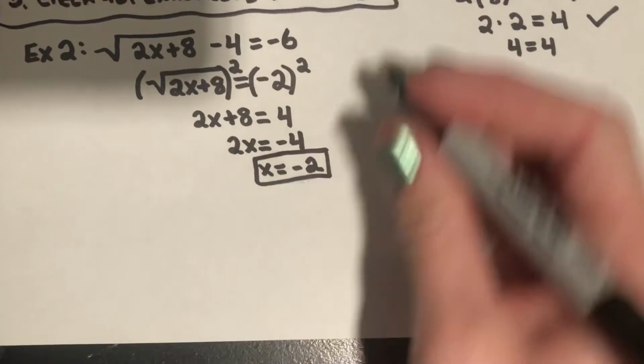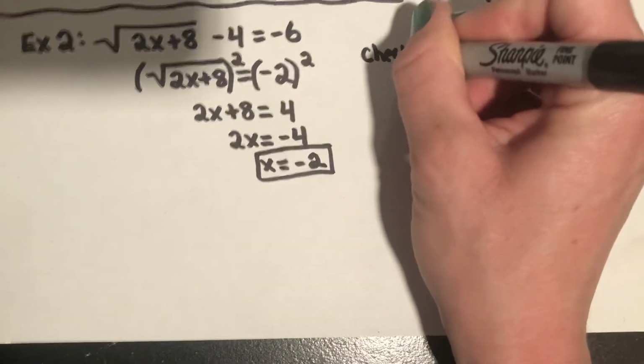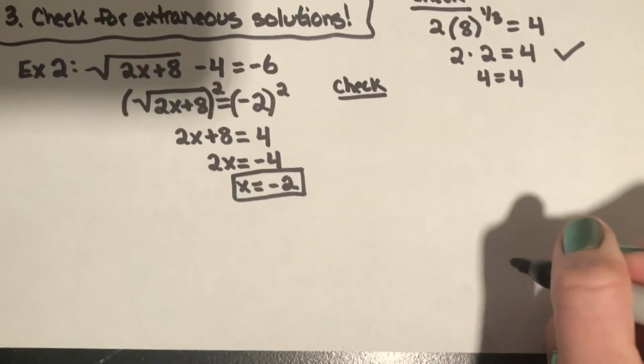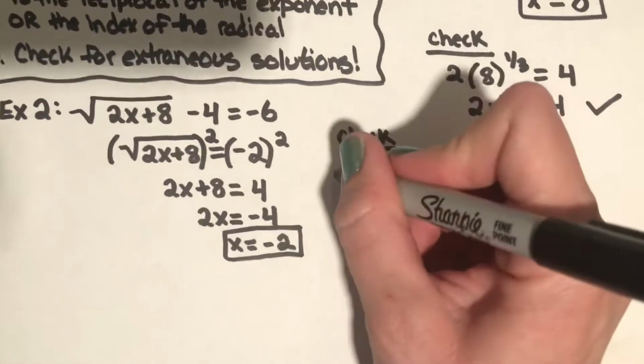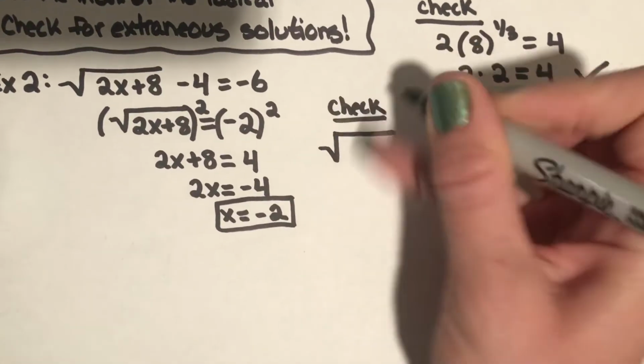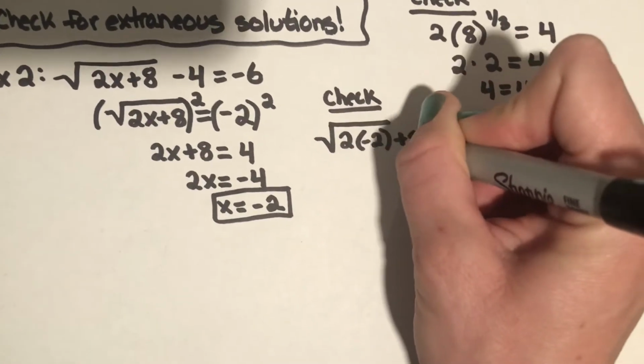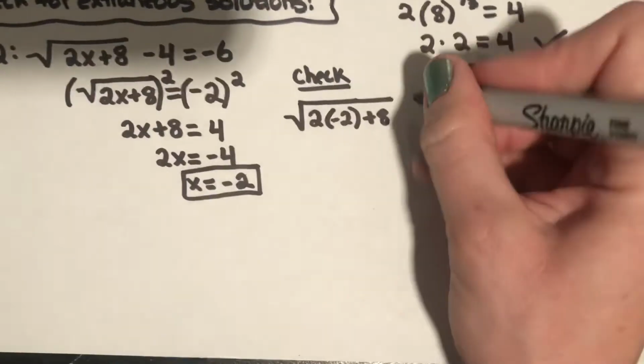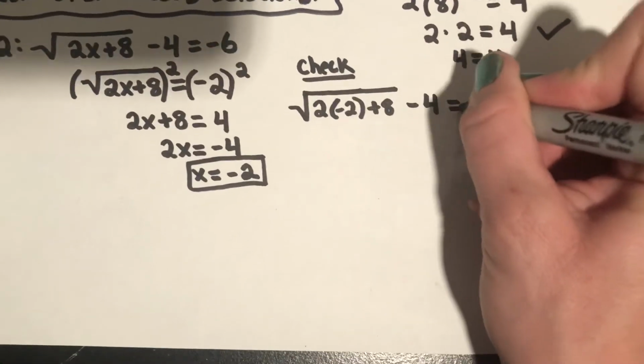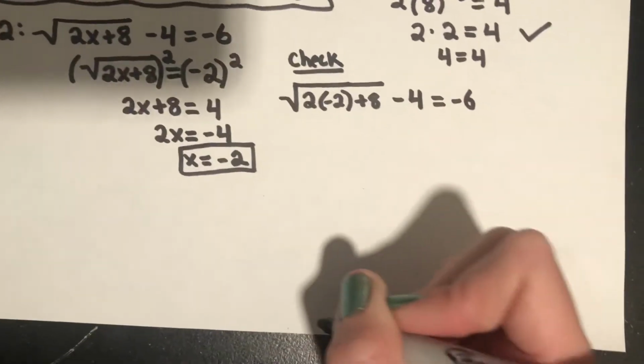Now, we need to check this answer. So let's check it over here. All right, we have root 2 times -2 plus 8, and that is all underneath the radical, -4 should equal -6.